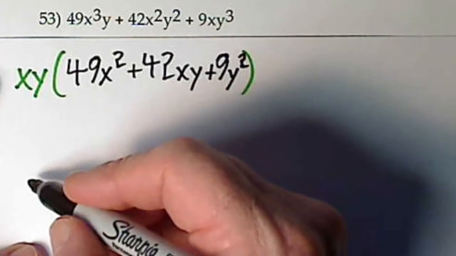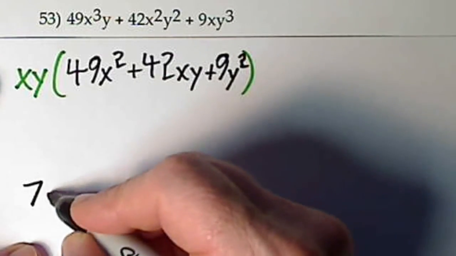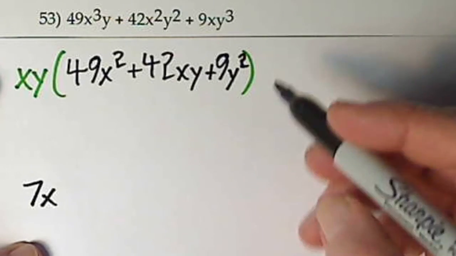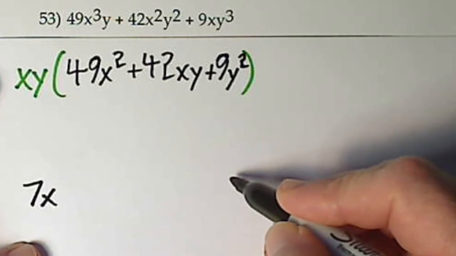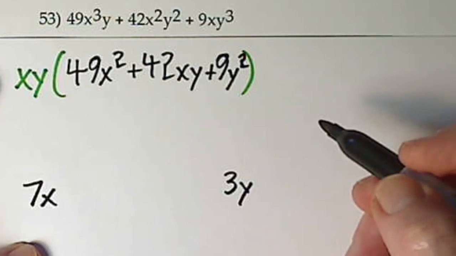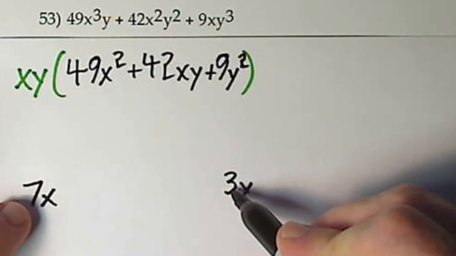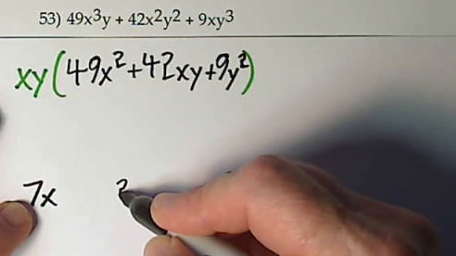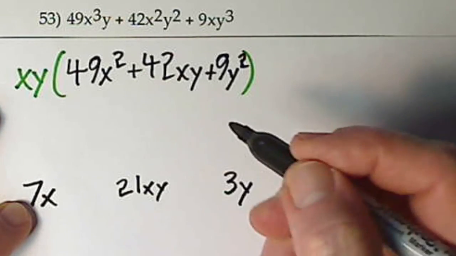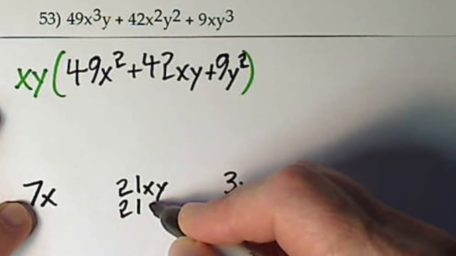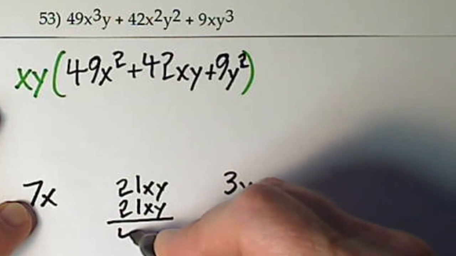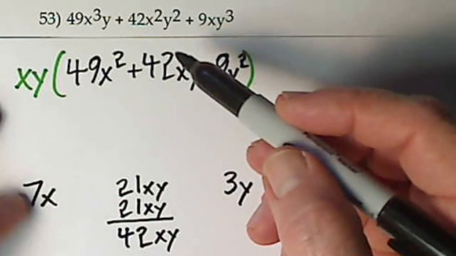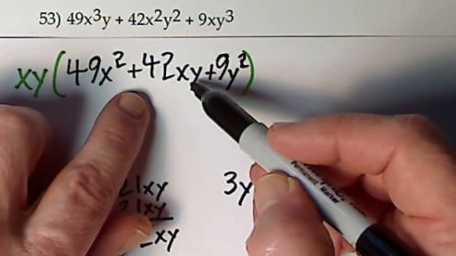The square root of 49x squared is 7x. The square root of 9y squared is 3y. When I multiply 7x times 3y, I get 21xy. If I add that to itself, I get 42xy, and that's what I'm looking for right here, 42xy.